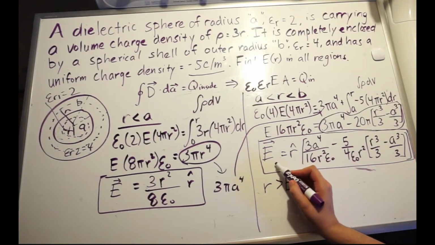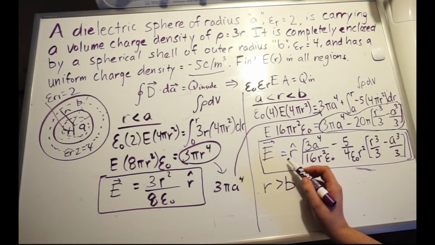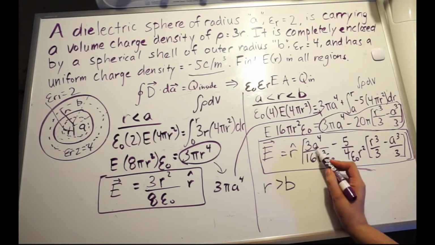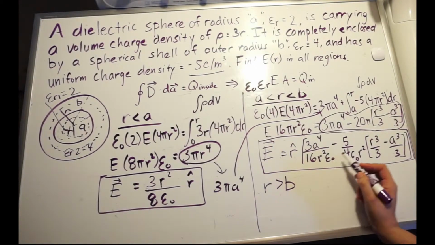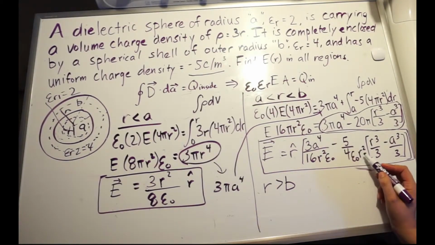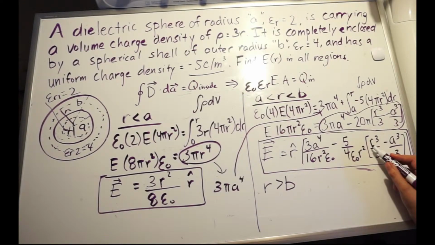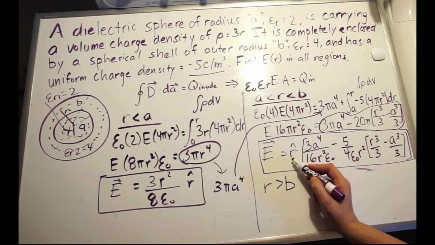This will simplify to the E field between A and B: 3A to the 4 over 16 r squared epsilon naught minus 5 over 4 epsilon naught r squared times r cubed over 3 minus A cubed over 3, in the r hat direction.